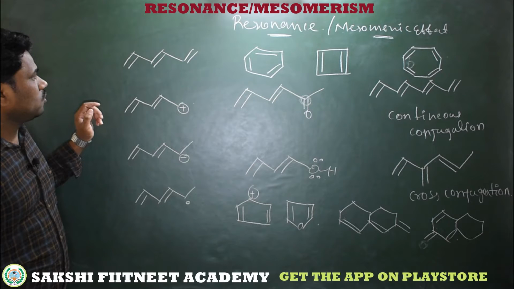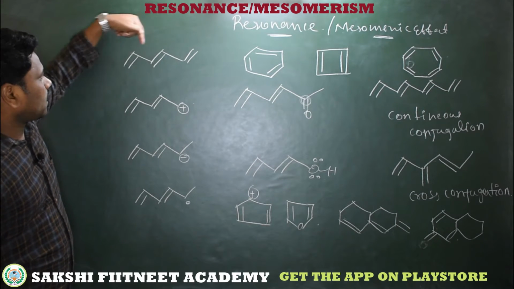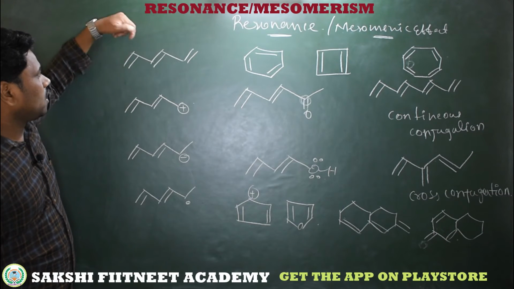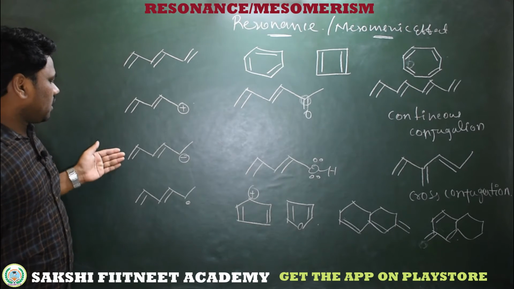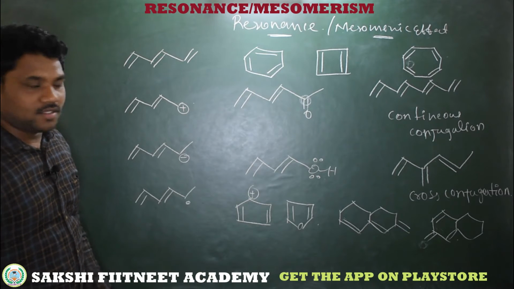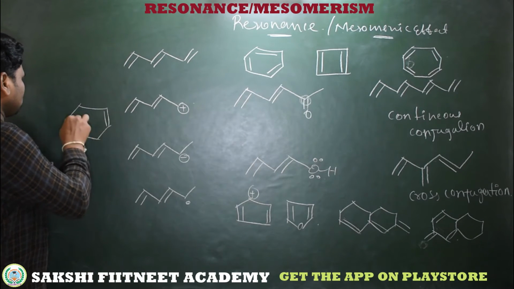What are the rules to be involved in resonance? The compound should have alternate double bonds: double bond, single bond, double bond, single bond, double bond. These are called conjugative systems. So you can consider like this, or like this, or like this, and all of these are compounds which are involved in resonance. If the compound is like this, what about this?